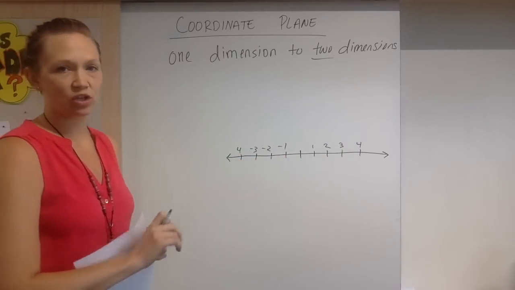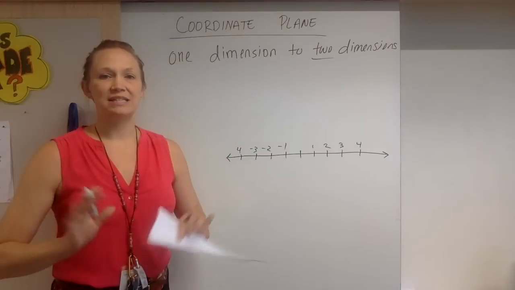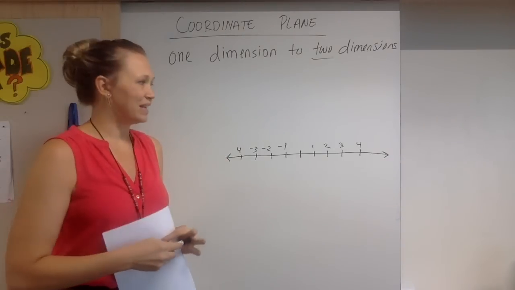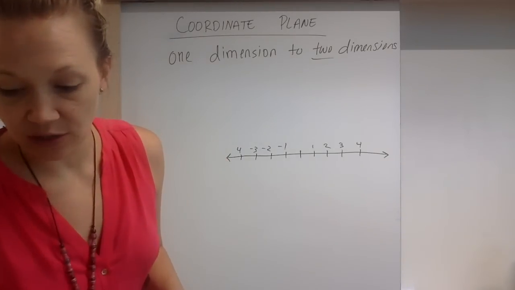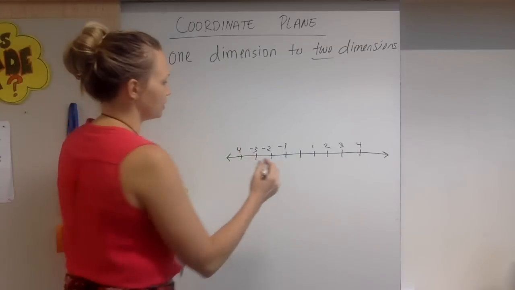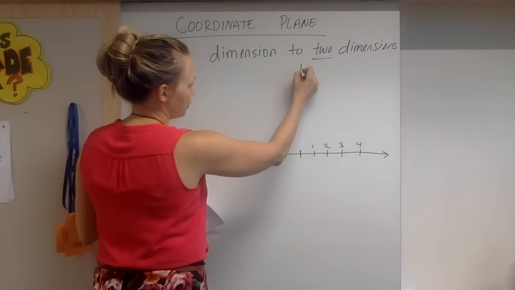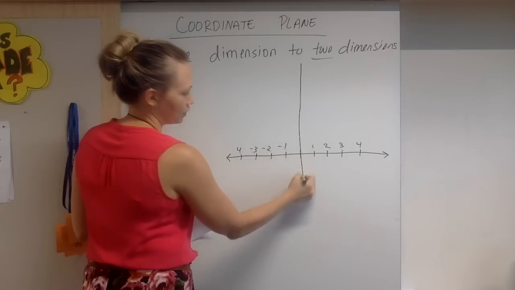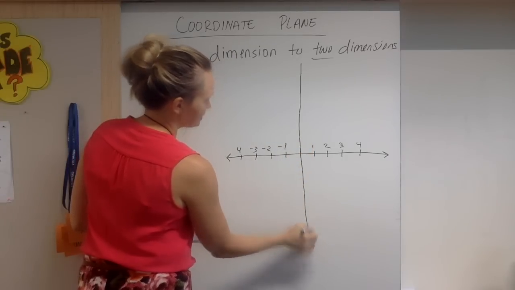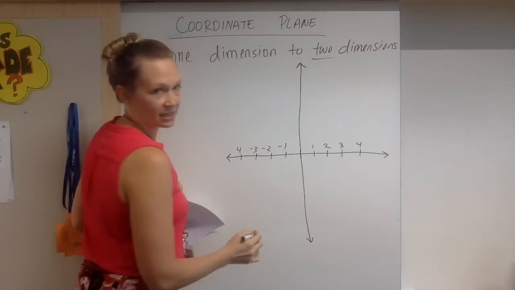So if mathematicians want to talk about things that exist within a space that's two-dimensional, we need to add another number line. So this may start looking familiar to you. If we add another number line going vertically, we can start talking about things in two-dimensional space. Okay?